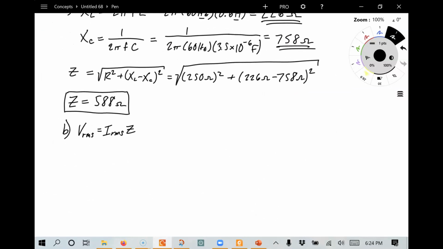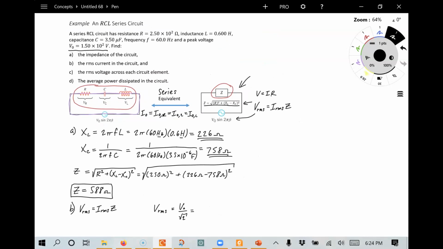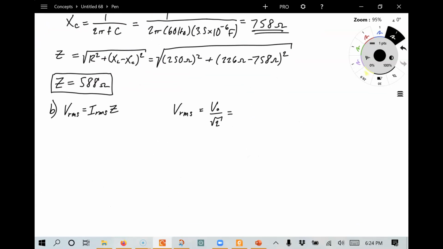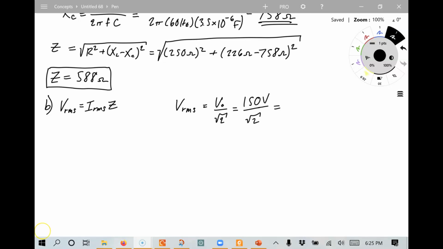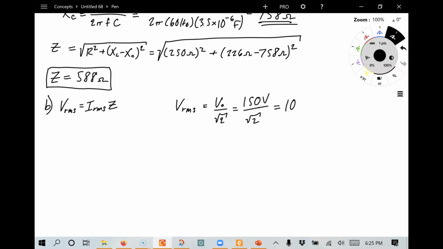Recall that the RMS voltage is equal to the peak voltage divided by the square root of 2. So in this case, we've got our 150 volts divided by the square root of 2, which gives us 106 volts RMS.